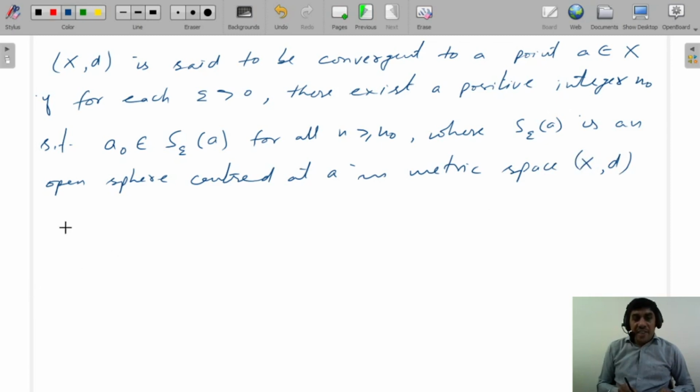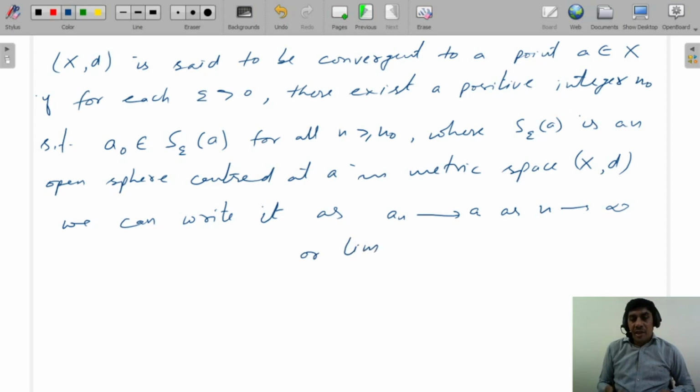We can write it as a_n converges to a as n tends to infinity, or limit as n tends to infinity of a_n is equal to a.